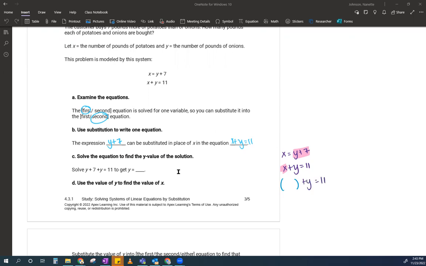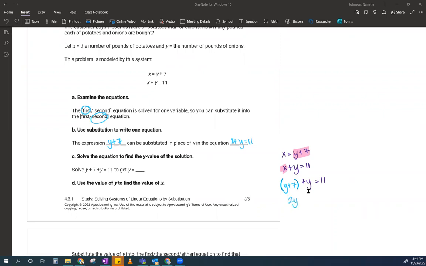When I do that, I substitute in Y plus 7, and then I'm just going to simplify. So Y plus Y is 2Y, plus 7 equals 11.